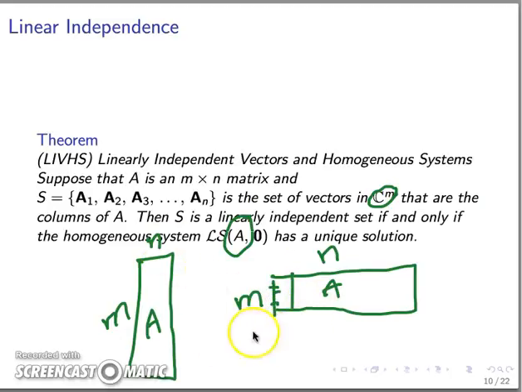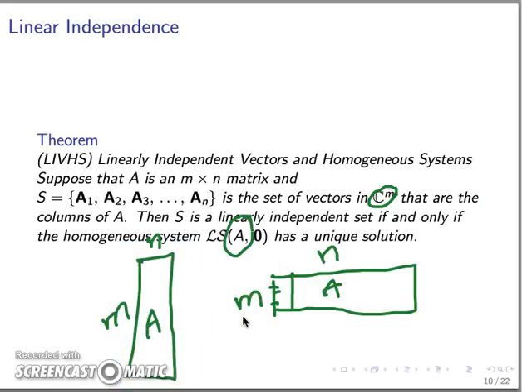Whether it is a short column or a long column, each column is a member of Cm. Then we classify the set made of the columns of the coefficient matrix as linearly independent if and only if the solution set of this homogeneous system has the trivial solution as the only element, a unique solution being the trivial solution.